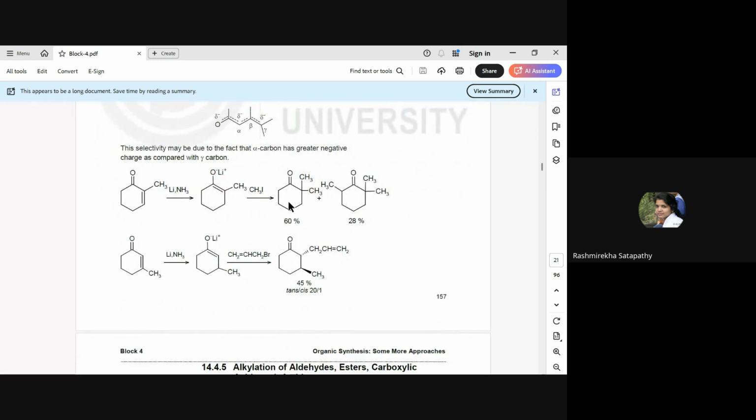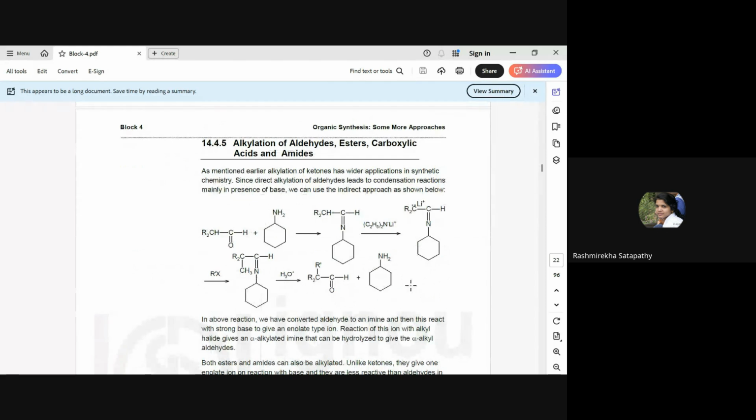Both products are formed, but this is the major product obtained. In the presence of lithium ammonia, with this double bond and O minus lithium, this CH2 double bond CH2 can be attached here. A 45% mixture of products is formed.